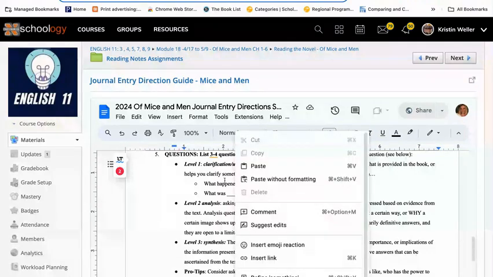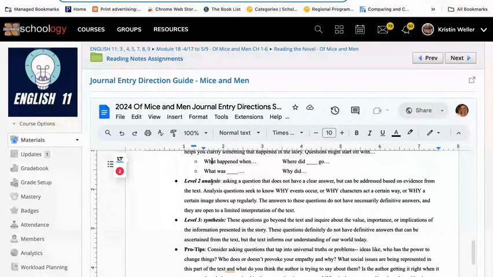You're going to write one level 2 question, which is an analysis question. These are a little harder to write, but these are open-ended questions, meaning there's several possibilities for how you could answer the question, and you may need to infer something. The answer is probably not going to be right there in the text. It may be in a few different spots. You have to add up information in order to get the answer.